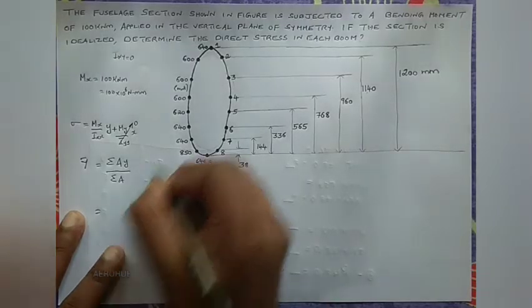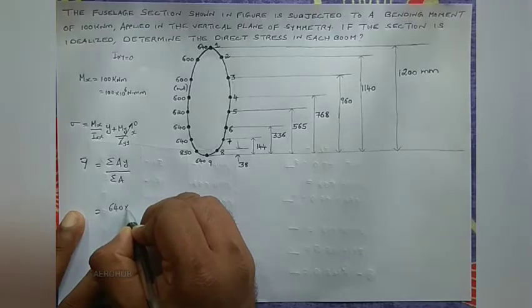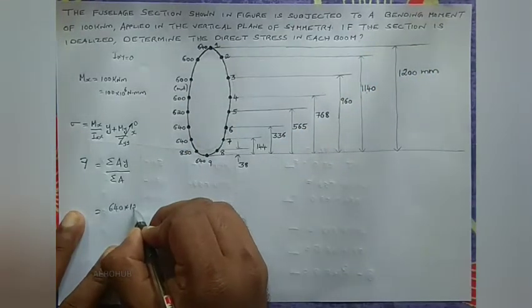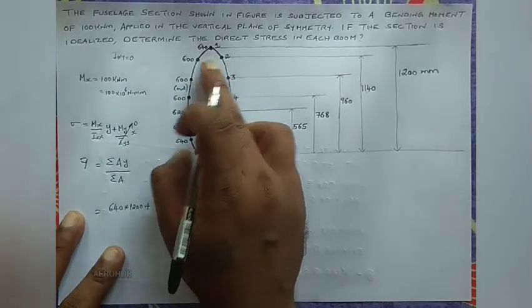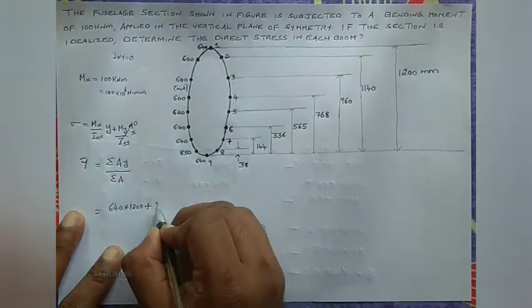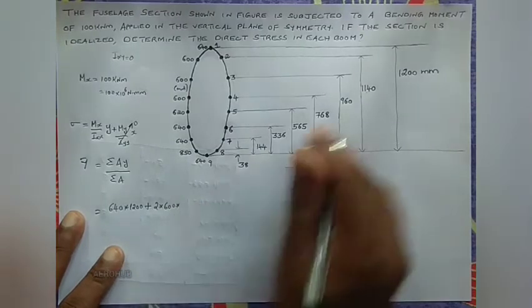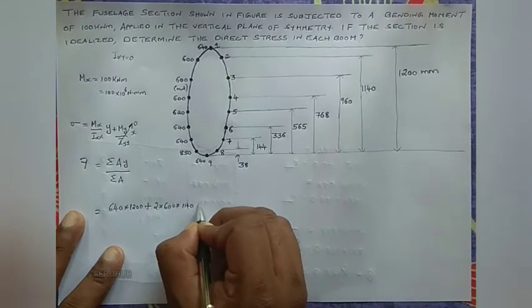So first we consider boom area 1. Boom area 1 has an area of 640 and the distance is 1200 millimeter, plus we have two boom areas, each of 600, at a distance of 1140 millimeter.